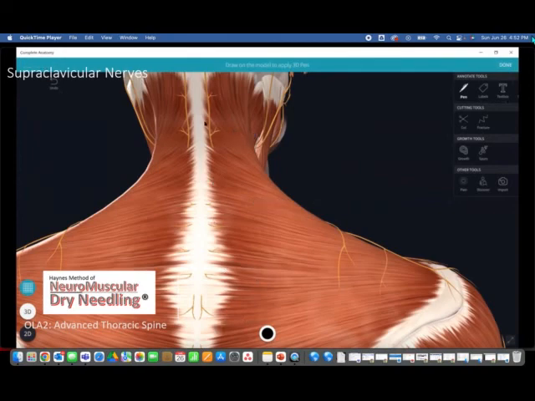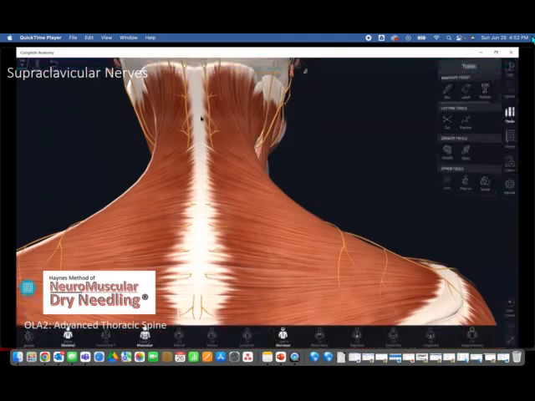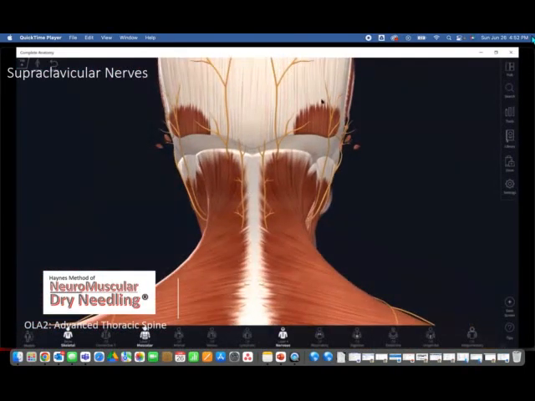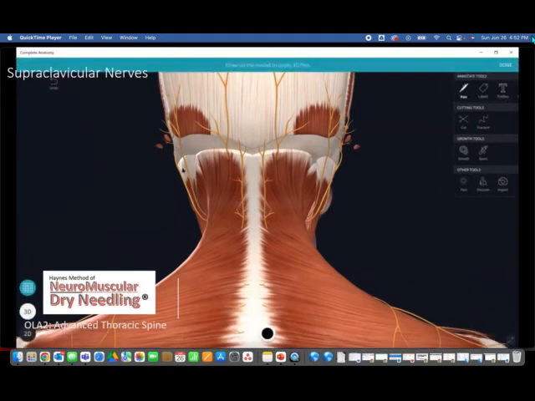And then finally, we could also just come up segmentally into C3, C4. So we know C1 is going to sit right here, C2 right below it, and so C3 and C4 being the segments of supraclavicular nerve innervation. And so that is the perineural protocol for the supraclavicular nerves.